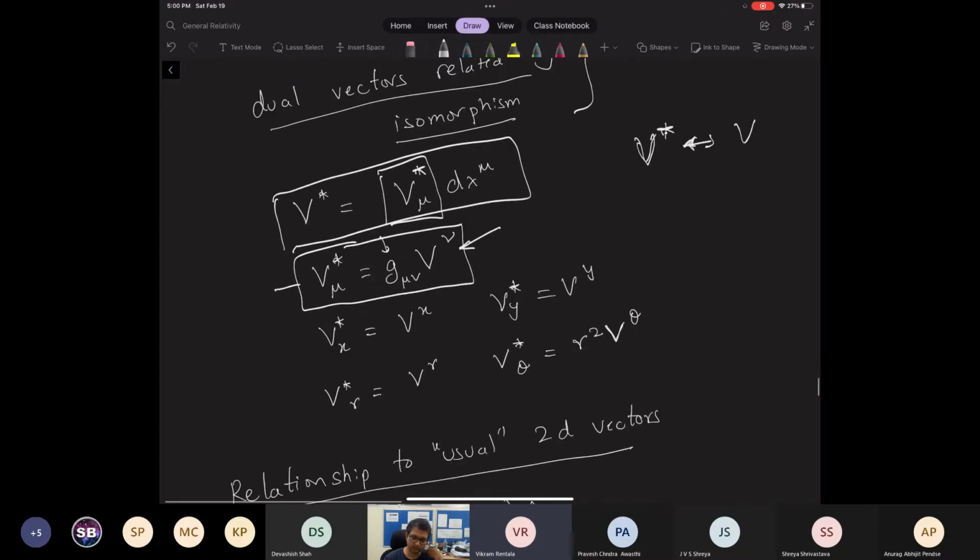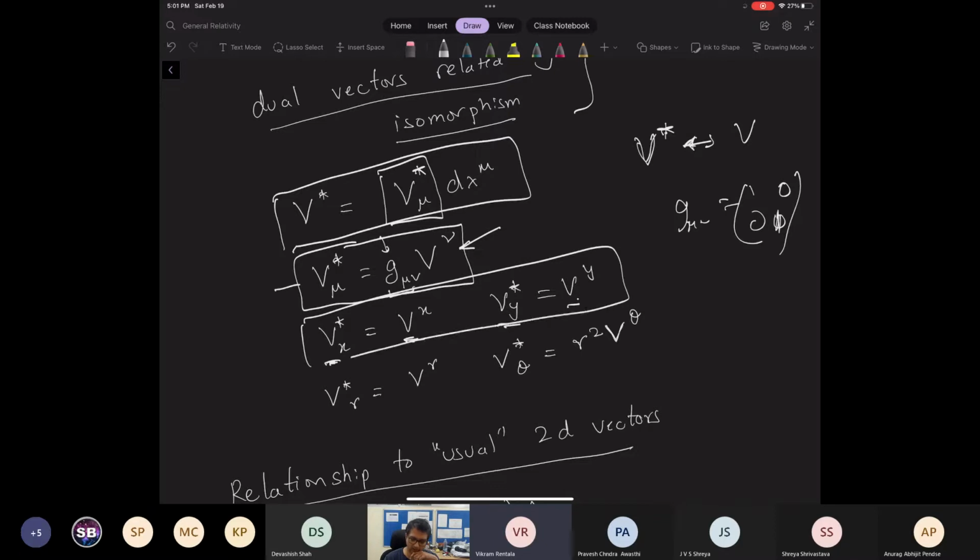When I do this, I will find dual vector coefficients vx star, vy star, which are basically just vx and vy, and this is because the metric g mu nu is 1, 1 in Cartesian coordinates.